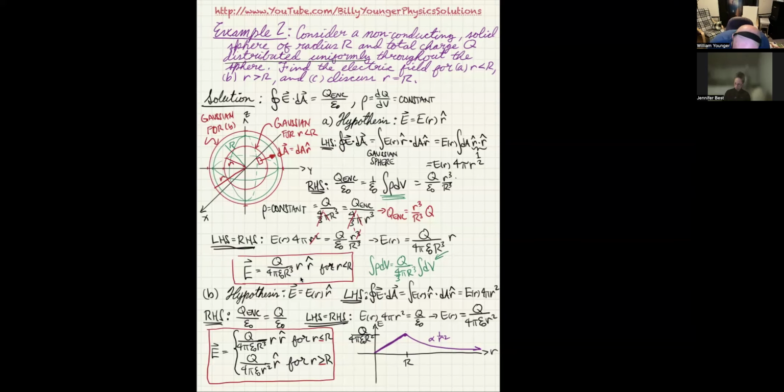But what I want to do is show you that the dV we'd want to use there is 4 pi r squared dr. In other words, we imagine the inner surface of a spherical shell has a radius of little r, and then we imagine that it's thicker than that by an amount dr. So, in some sense, if we take the surface area and multiply it by dr, it gives us a volume.